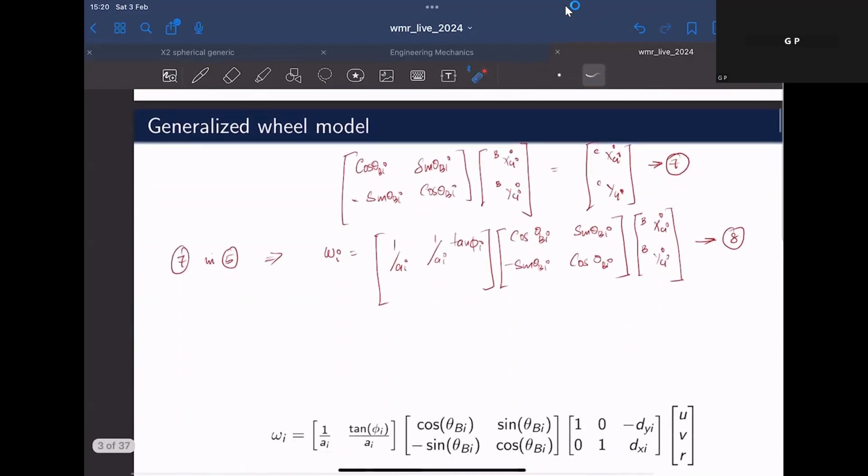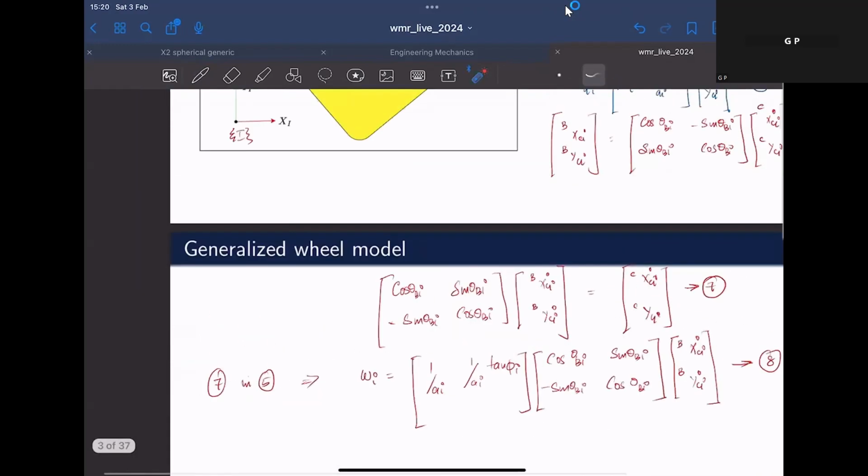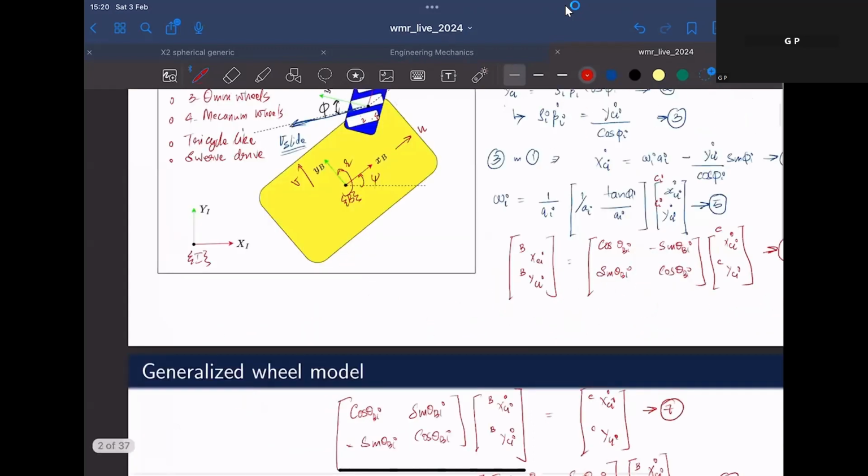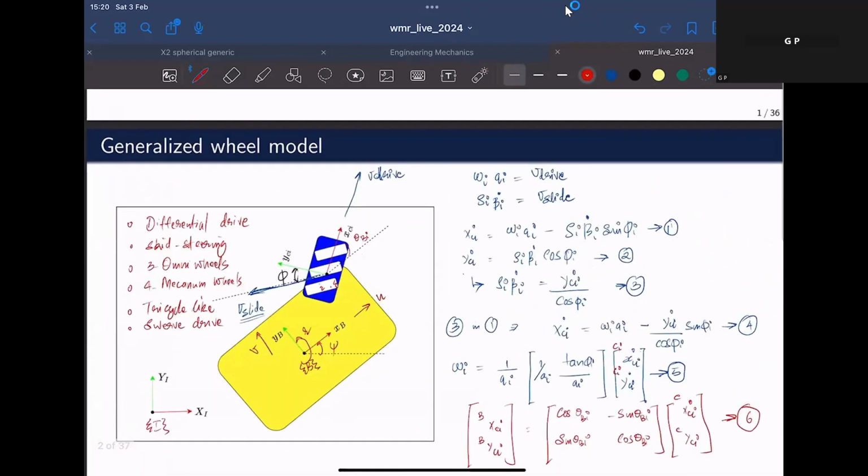If you consider the velocity of the body frame to be u, v and r, then xci dot represented with respect to B would be u minus r dyi. I'll give this as equation 9, because u would be the linear velocity component along xb.